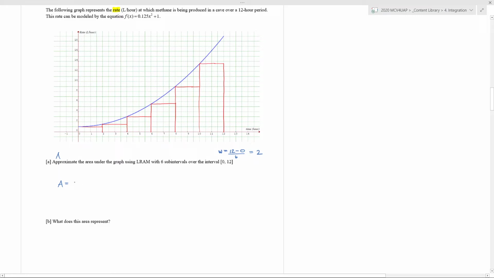So it's going to be 2 multiplied by f at 0 plus f at 2 plus f at 4 plus f at 6 plus f at 8 plus f at 10.